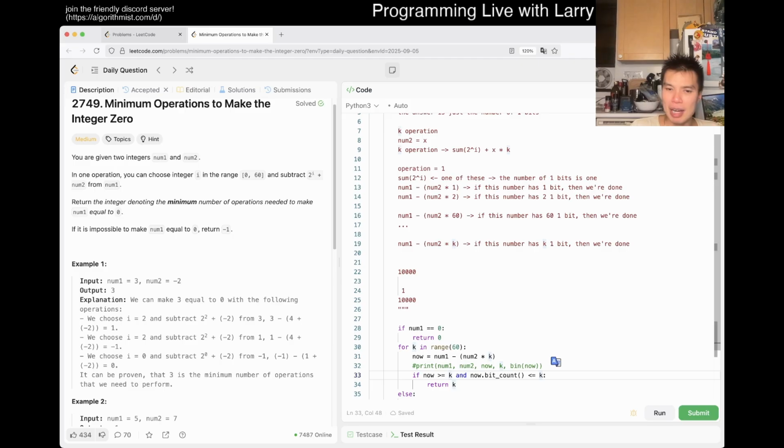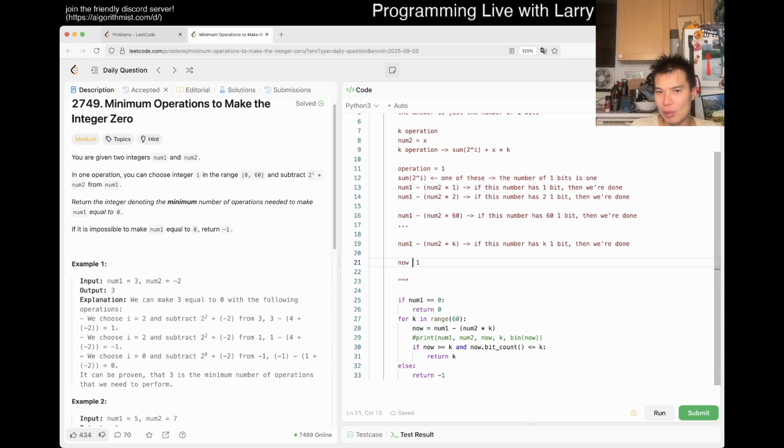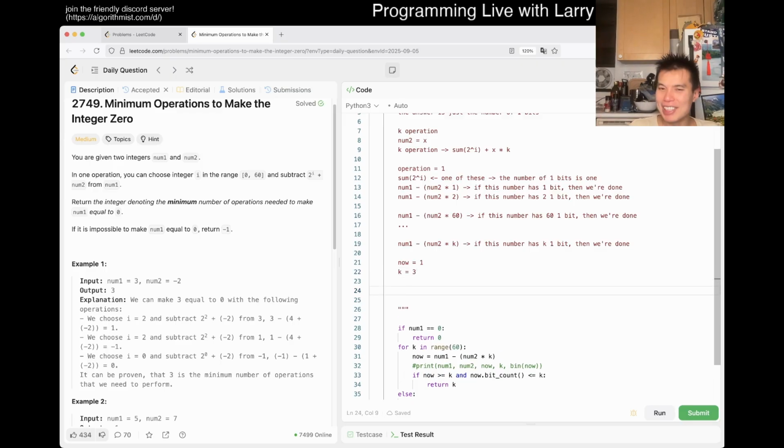But then the case that we failed on was that if you have 1, and let's say the difference, now is 1. Let me write it. Now is equal to 1, and k is equal to say 3. What our logic was saying is that you can do 1, 2, and then convert this to 100, so it only has 1 bit.